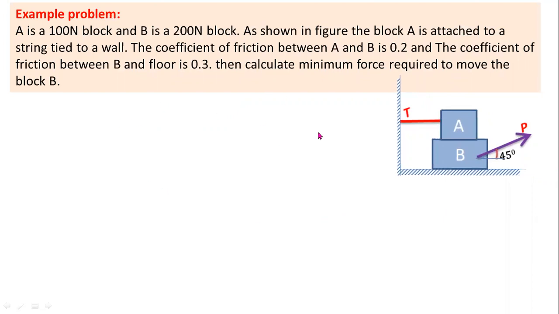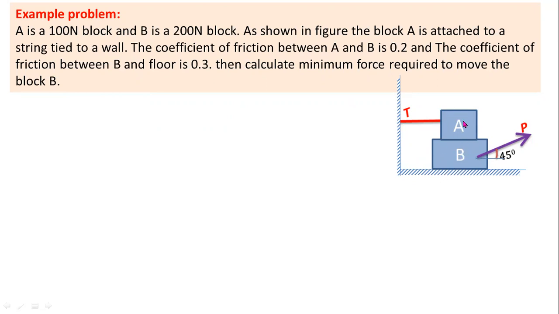The given question is: capital A is a 100 newtons block and capital B is a 200 newtons block, as shown here.